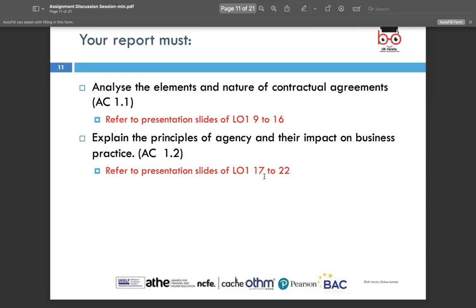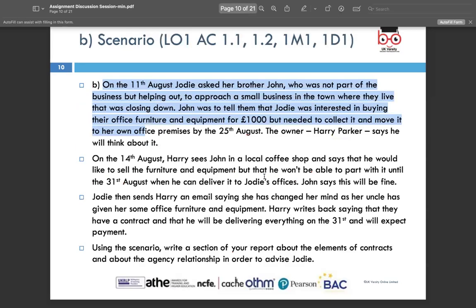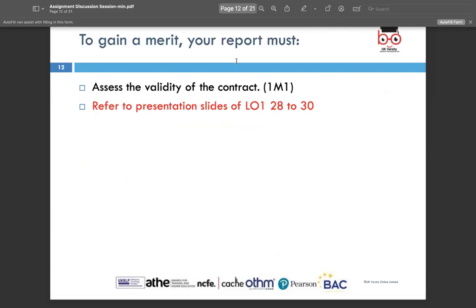Yeah, £1,000 for the furniture constitutes valid consideration. Intention and capacity: evaluate if both parties had the intention to create legal relations and the capacity to contract. Communication: assess if the communication between John and Harry formed a legally binding contract. Refer again to learning outcome one, slides 20 to 23, for assessing contract validity.